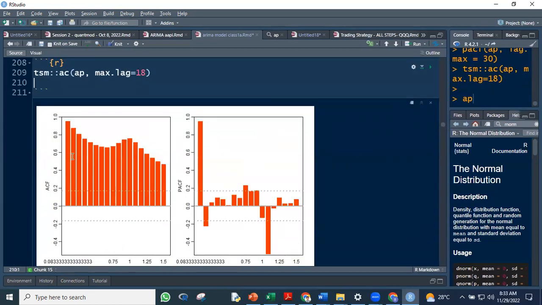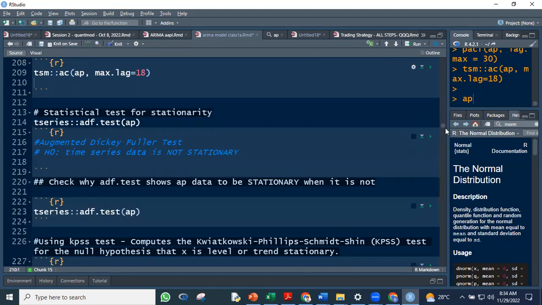So by using the TSM package, its AC function, we can already see the autocorrelation and the partial autocorrelation side by side.